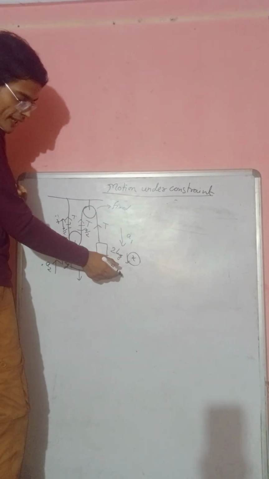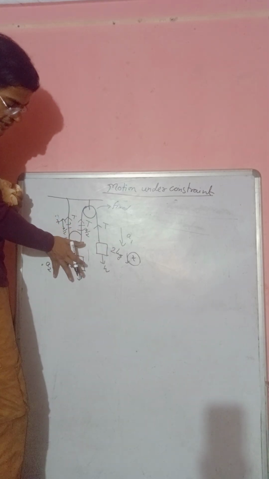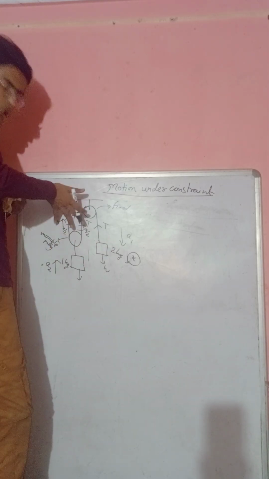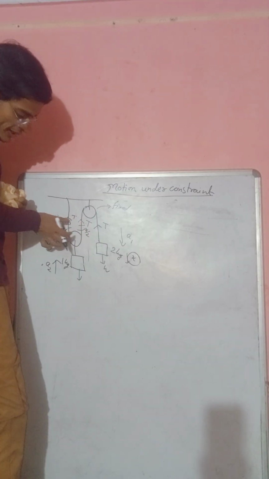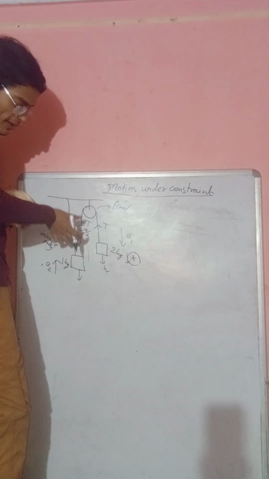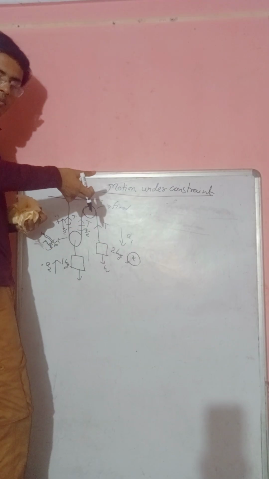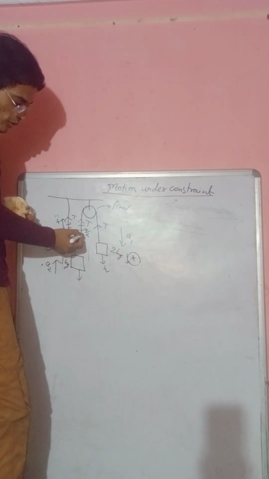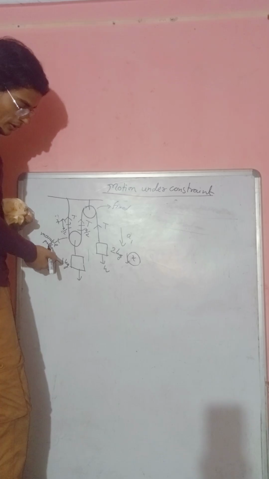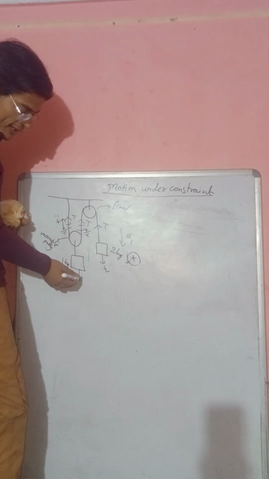Here it is x. The complete system is moving up with the x displacement in the upward direction, but this portion and this portion both are moving up by an equal amount. So this displacement divided by 2 will be x by 2. So definitely here the displacement will be different.